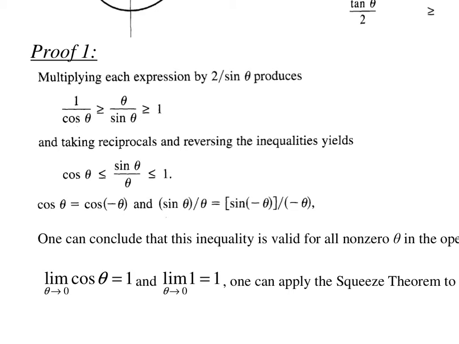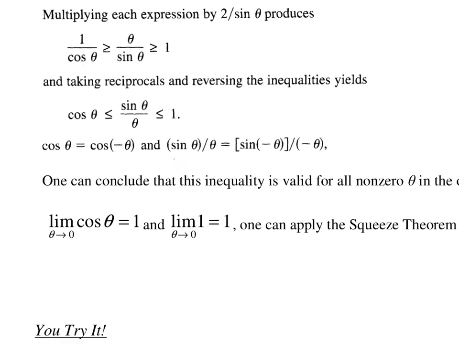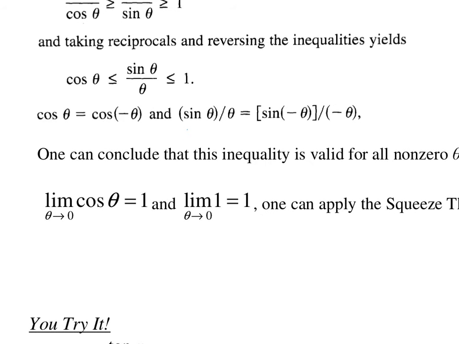So now we want to actually take the limits. We wanted to figure out what the limit was as theta approached 0. Look at this bottom end, the cosine of theta. The limit as theta approaches 0 of cosine theta is 1. The limit as theta approaches 0 of 1 is 1.